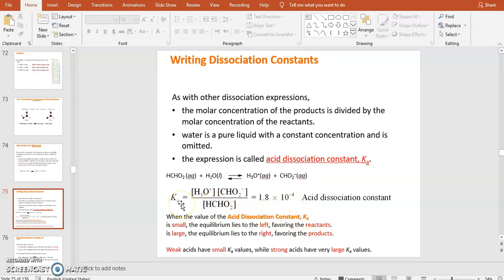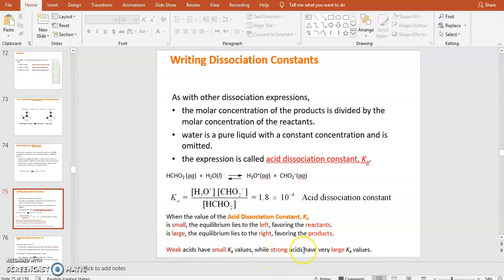So for example, if I give you some acids and ask you if this is a strong or weak acid, and I didn't give you the table that we were just talking about, then you just go ahead and calculate your acid dissociation constant. If it's a small number, then you will have a weak acid.